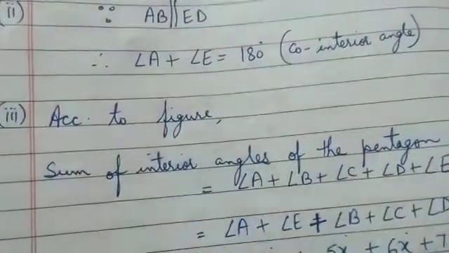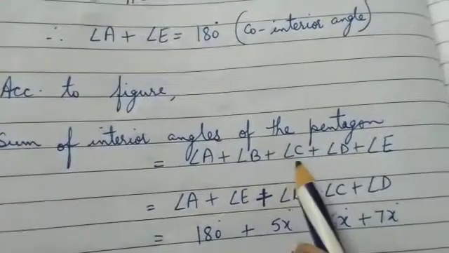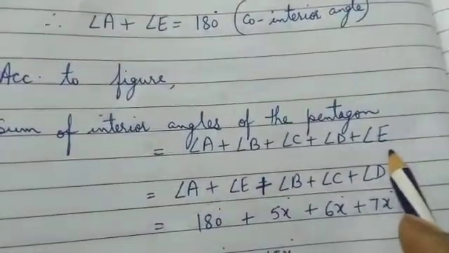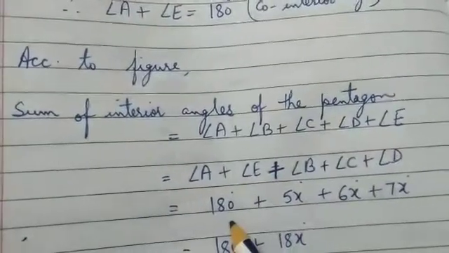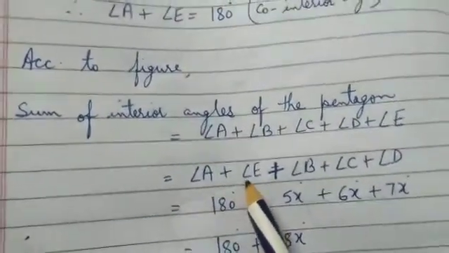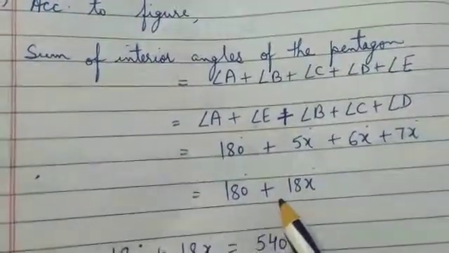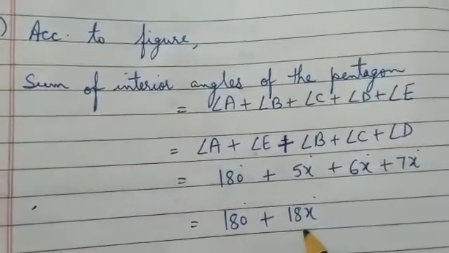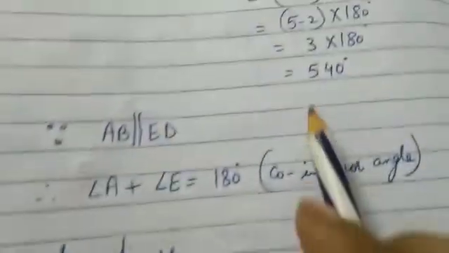So according to the figure, the sum of interior angles of a pentagon is angle A plus angle B plus angle C plus angle D plus angle E. Since A and E together is 180 degree, first of all we rearrange it and then substitute the values, which is 180 plus 18x, and then we equate this sum with 540.